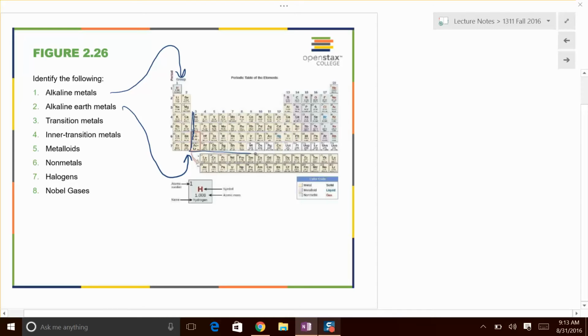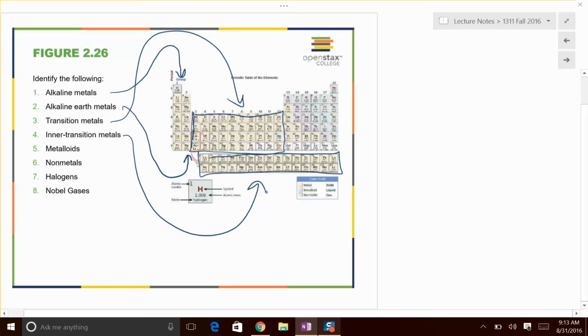Transition metals are these metals right in here. Those are the transition metals. The inner transition metals are this bottom group right here of metals. You see how if we included those in the periodic table, where would they go? They would get inserted right here.